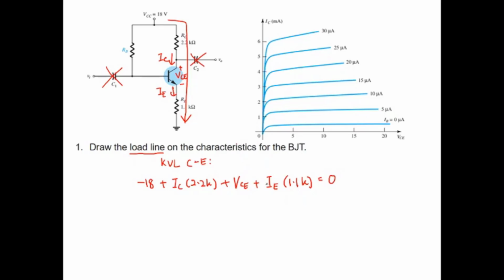In the load line we will do the simplification. IE is almost equal to IC, so you get minus 18 plus IC times 2.2K plus 1.1K plus VCE equal to 0, which is minus 18 plus IC times 3.3K plus VCE.